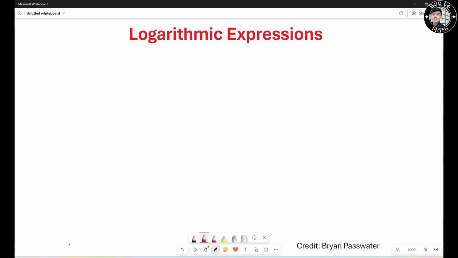Now let's move on to the next example. Without a calculator, we can evaluate the following logarithmic expressions. For example, we have log base 2 of 8 equals how much? We just rewrite log base 2. Now we look at this one, we see this is 2, so we just write 2 over here.